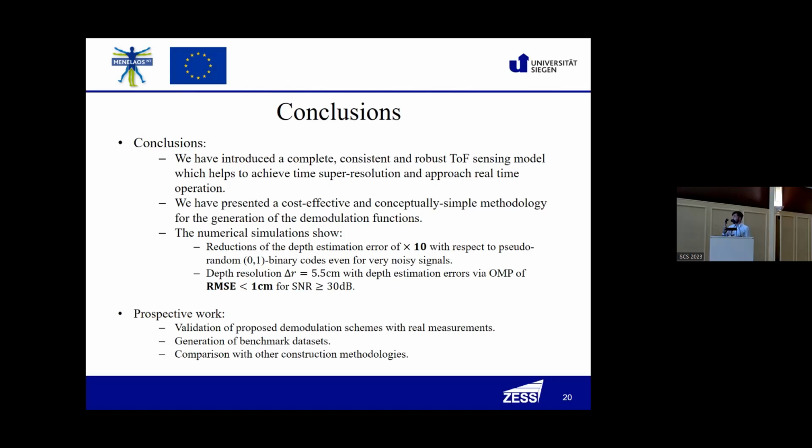Our methodology is conceptually simple, a step-by-step approach. We have reduced the depth estimation error by a factor of 10, which is one order of magnitude with respect to binary codes usually used in the literature, and the estimation error is also less than 1 centimeter in most cases.